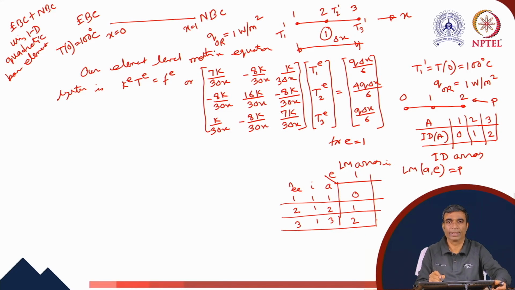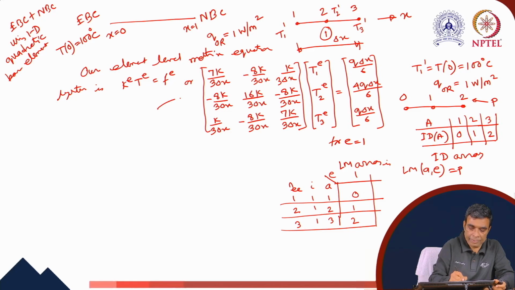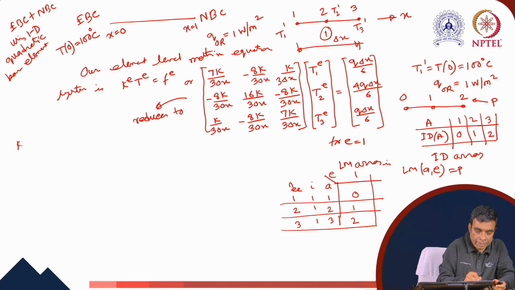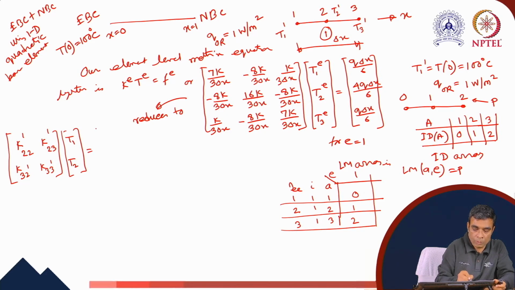Now, for this case, with the essential boundary condition known, the element level matrix equation system reduces to K221, K231, K321, K331, times T1, T2, equals 4Q delta x by 6, Q delta x by 6.